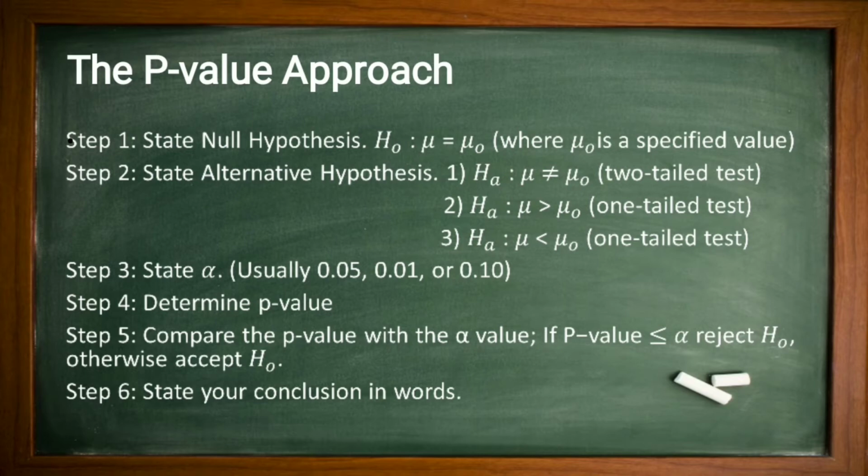Next, step 5, compare the p-value with the alpha value. Okay, so if our p-value is less than or equal the alpha value, we have to reject the null hypothesis. Okay, otherwise we have to accept the null hypothesis. And then step 6, state your conclusion in words. So almost the same lang po siya. So yan po yung ating p-value approach.